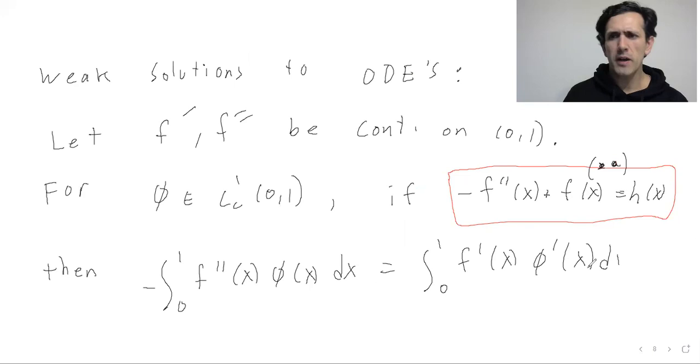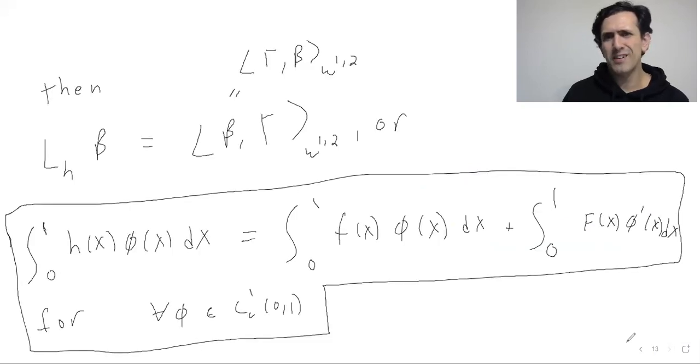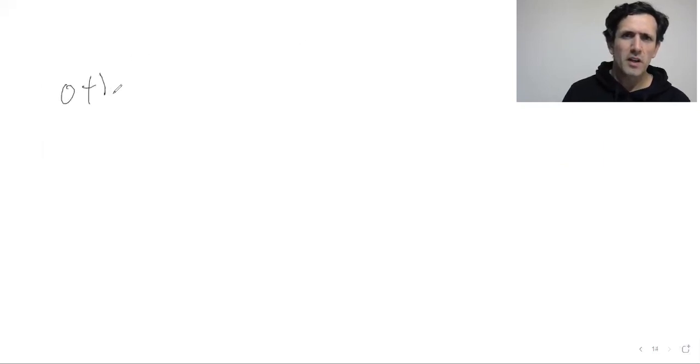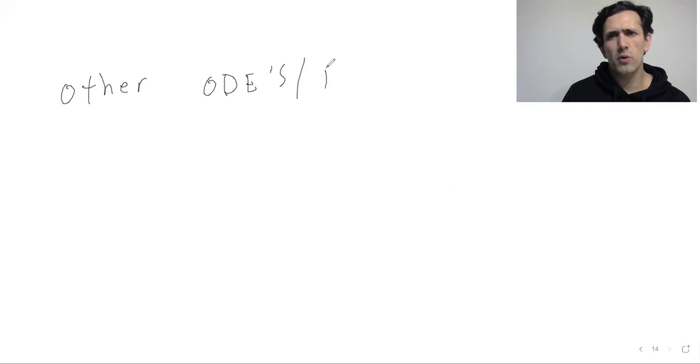Okay, so this kind of asks the question: what if you want to look at something other than this? In that sense, the Riesz representation theorem really is not so good. It really doesn't work for anything else. So what do you do for other second order ODEs, and what you really care about, second order PDEs?